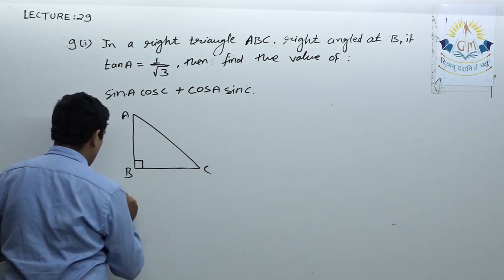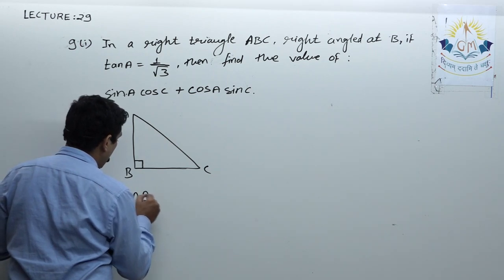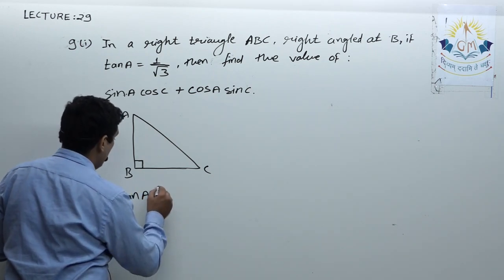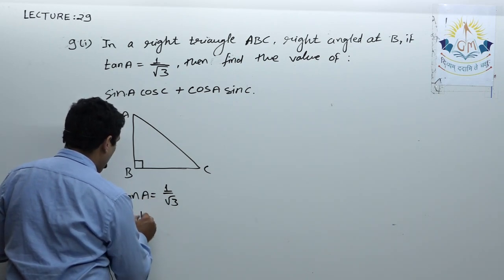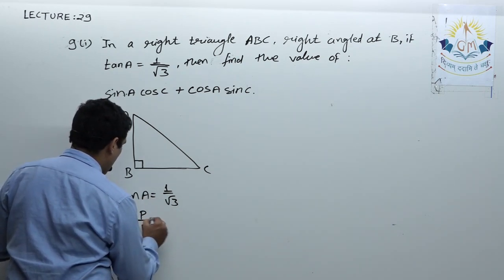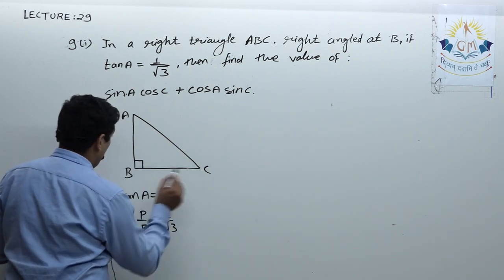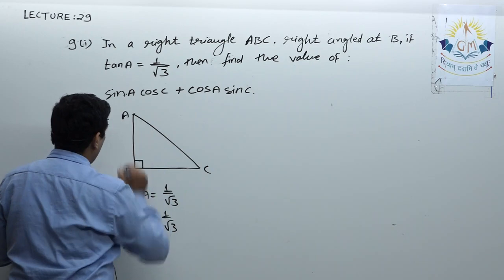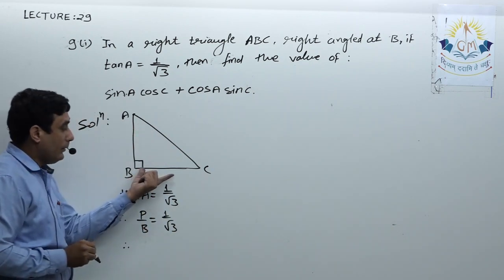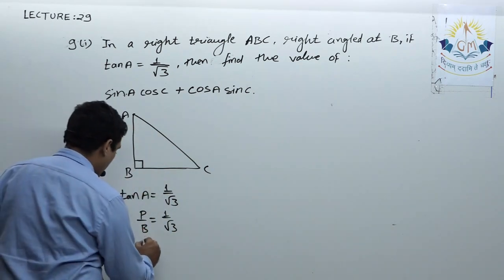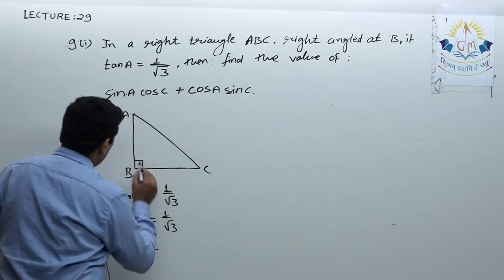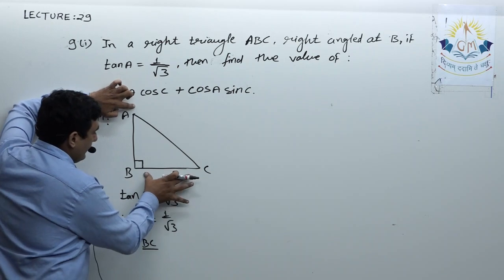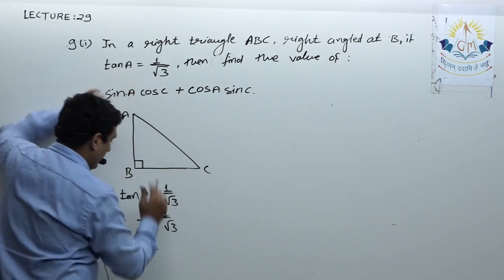So we have tan A is equal to 1 upon root 3. Therefore, perpendicular upon base is equal to 1 upon root 3. Now, according to angle A, BC is the perpendicular. That means we have BC upon AB, for angle A, BC is perpendicular and AB is base.